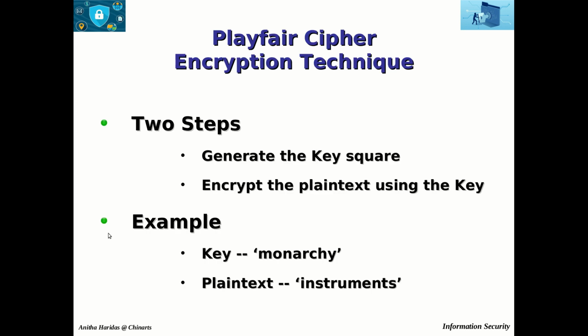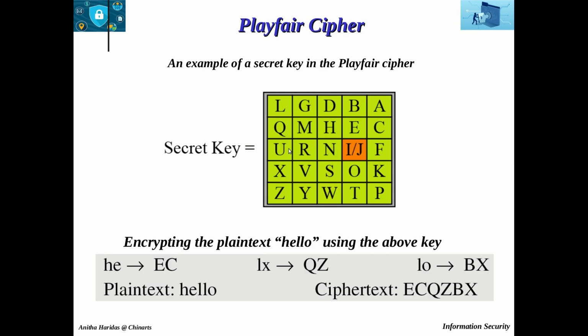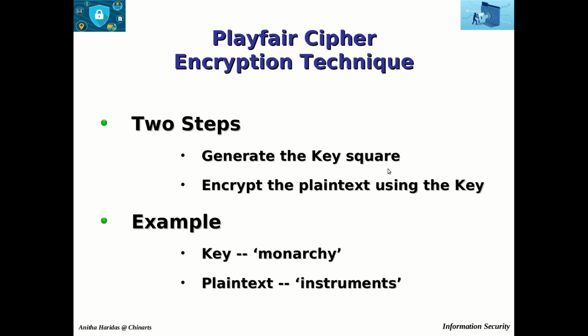So this kind of 5 by 5 matrix must be generated as the key square. That is the first step. Then the second step, we have to encrypt the plain text. Now let us see an example.